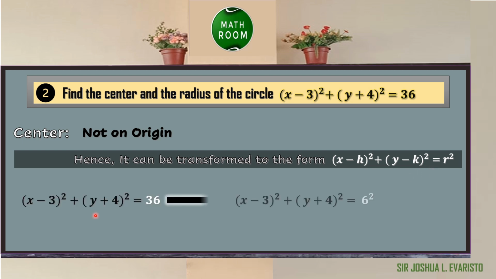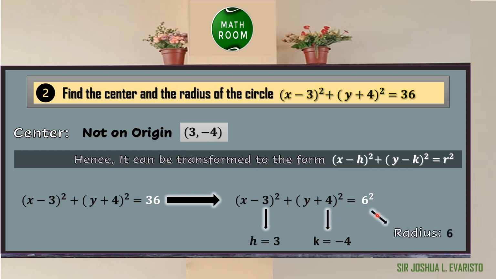So our equation can be written in the form (x minus 3) squared plus (y plus 4) squared is equal to 6 squared. Since the square root of 36 is 6, we can easily identify our h, which is 3, then our k, which is negative 4. So the center is at the point 3, negative 4. Also, the radius is equal to 6.